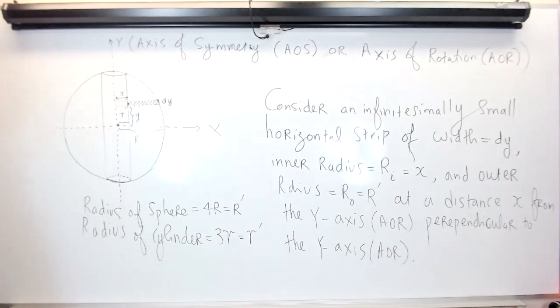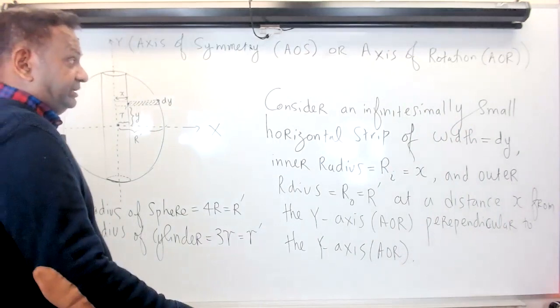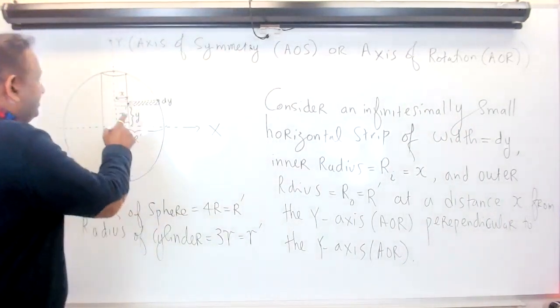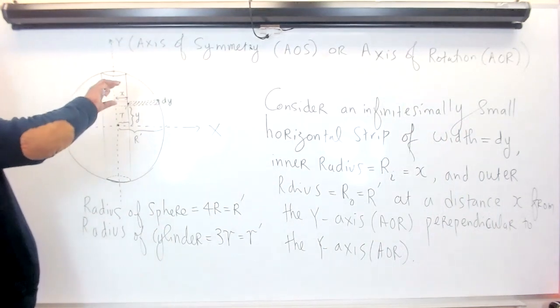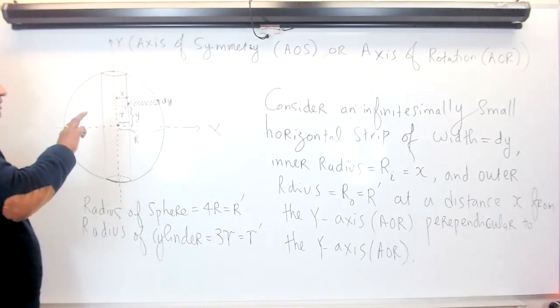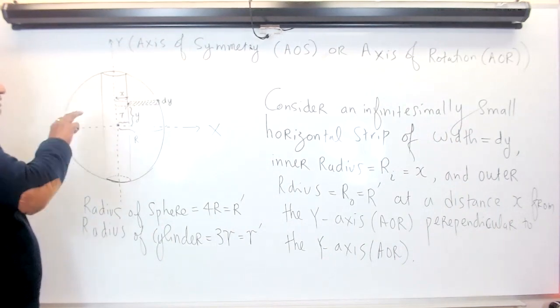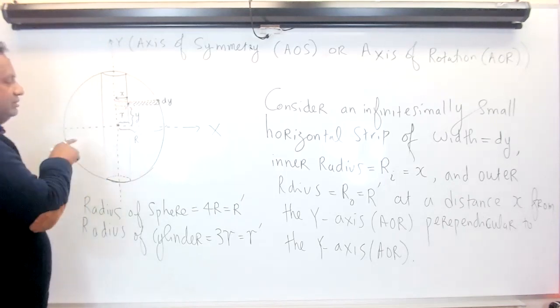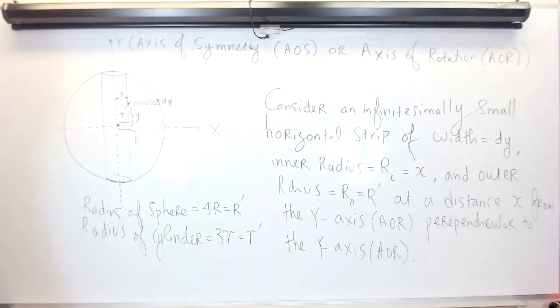Strip. Or you can say consider an infinitesimally small horizontal strip. You can think about that if it is rotated, it's already rotated, okay? You don't have to talk about that. When it's rotated, that would definitely generate a washer, okay?